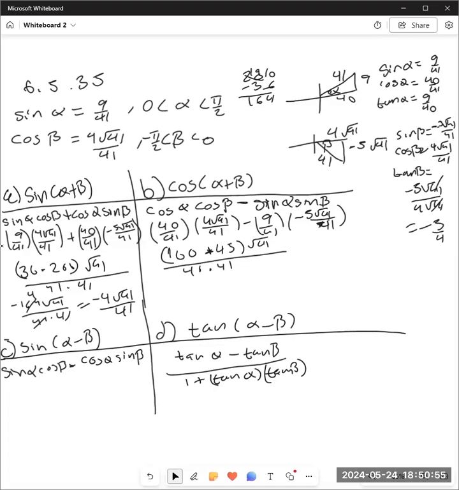And so that is 205 root 41 over 41 times 41. This goes into there 5 times. Is 5 root 41 over 41.